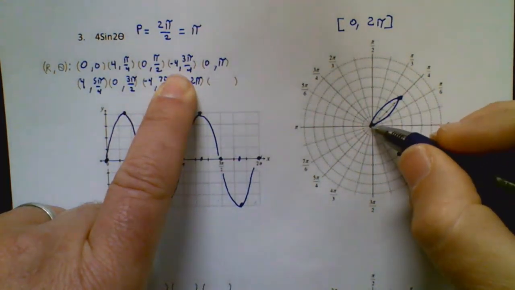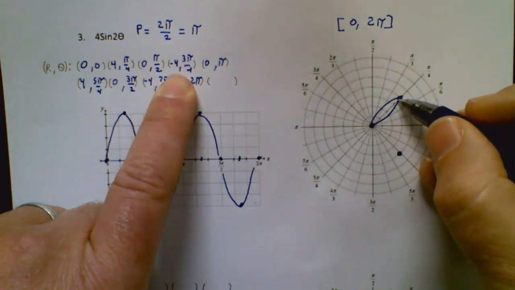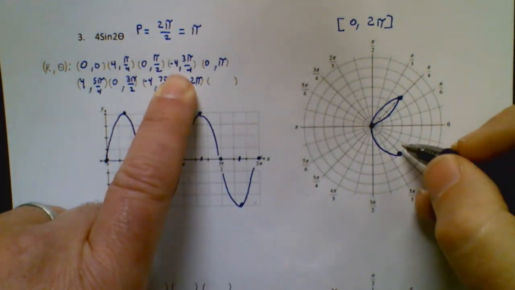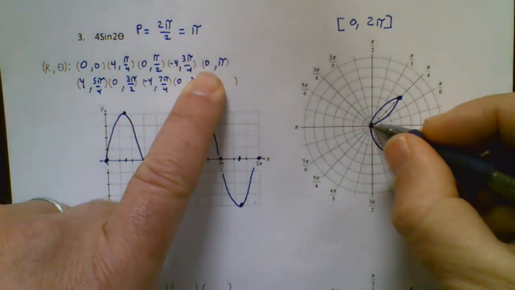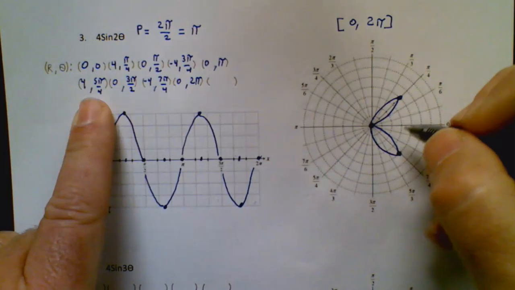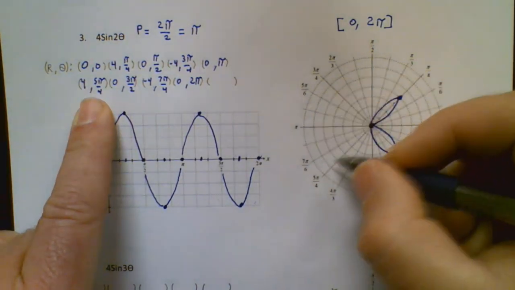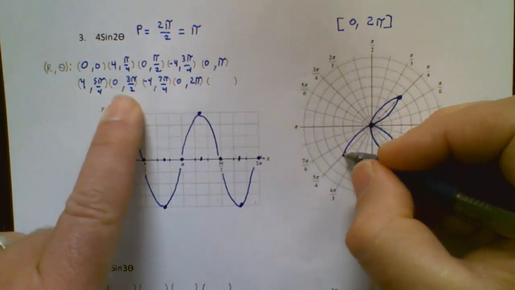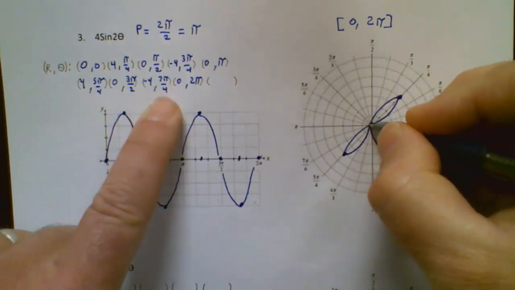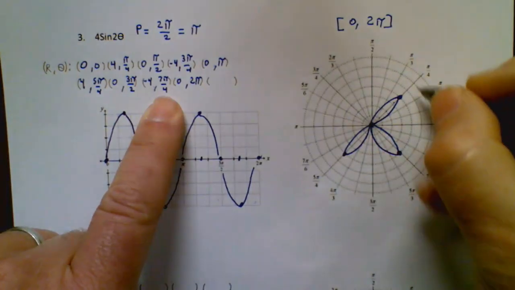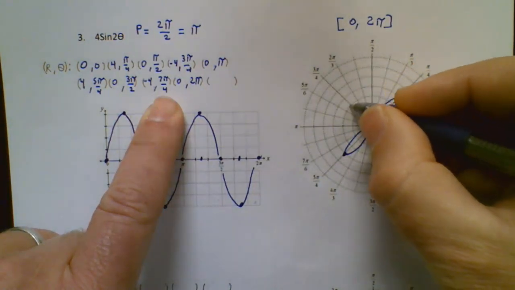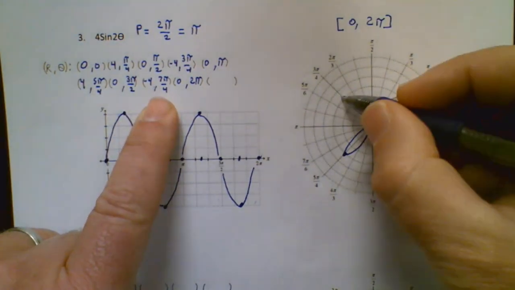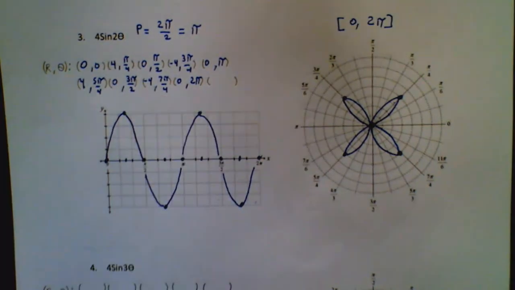So to see the order on this, I'm going from 0 to the max, back to 0, to a minimum, so that's a minimum, back to 0, to a max, 4, 5 pi over 4, 1, 2, 3, 4, so there's our next move, back to 0, negative 4, 7/4, 1, 2, 3, 4, a minimum, back to 0. So that's the order in which that graph occurs.